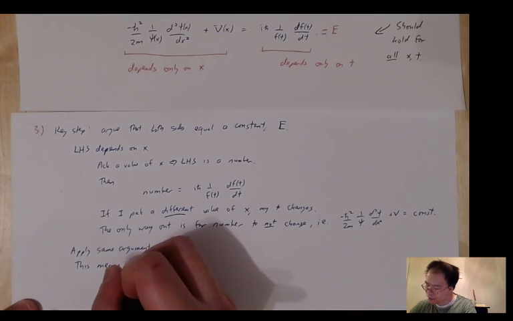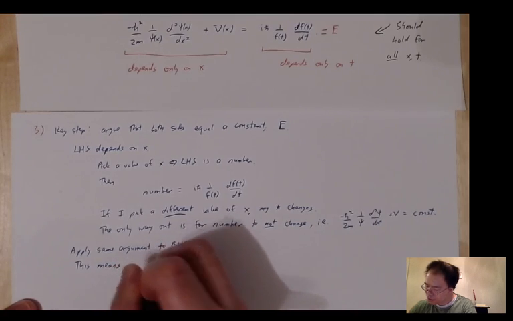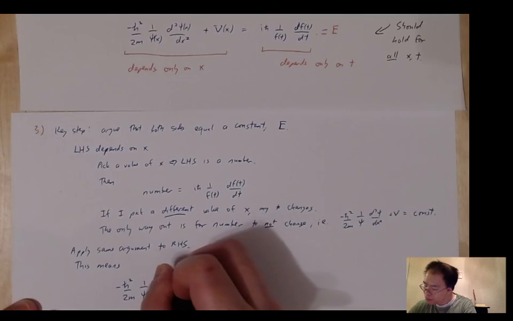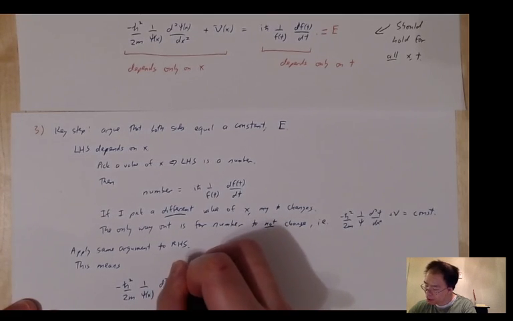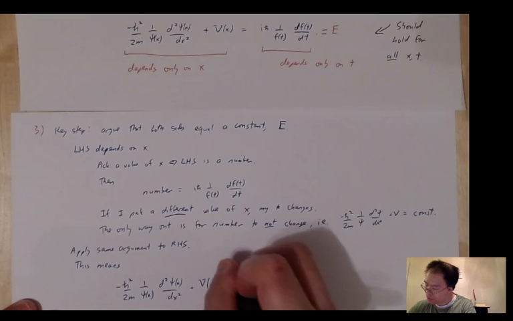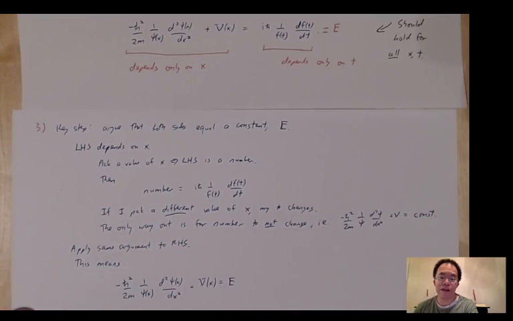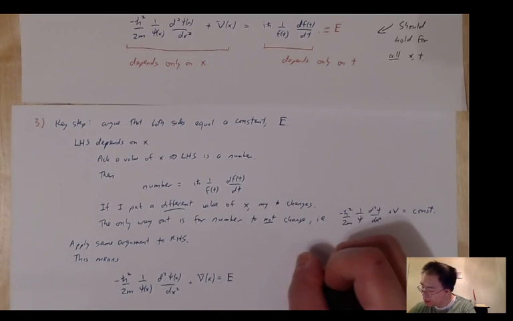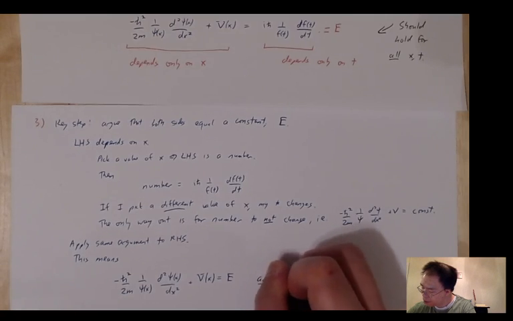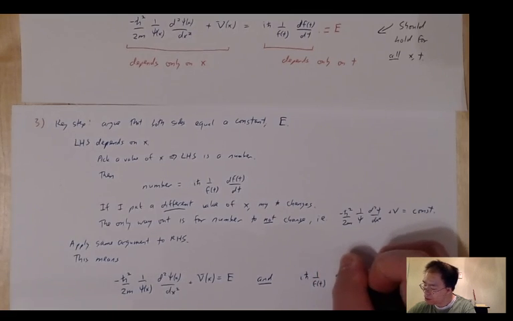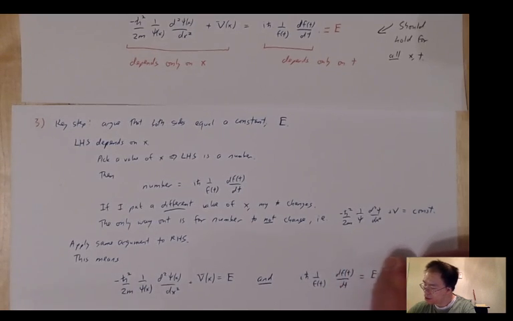That we have h bar squared over 2m, 1 over psi of x, d squared psi dx squared plus V of x equals our constant, which for now I'm calling E. And we also have i h bar, 1 over f of t, df of t dt, equals E.